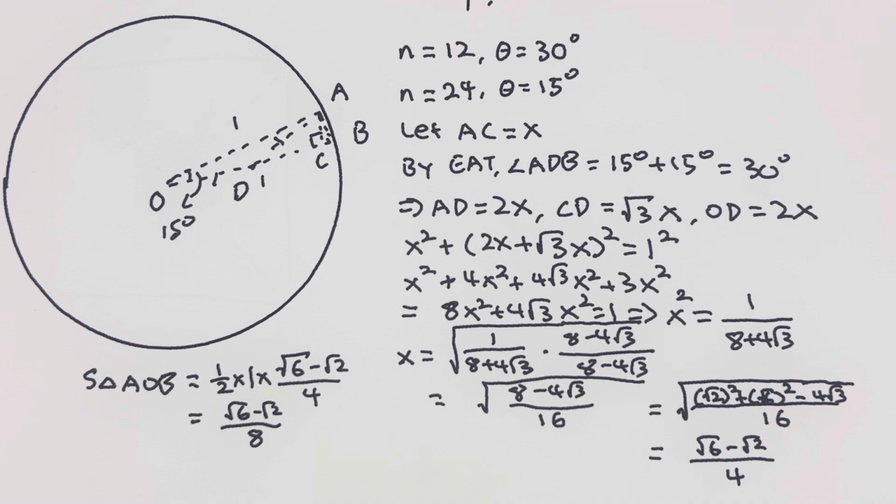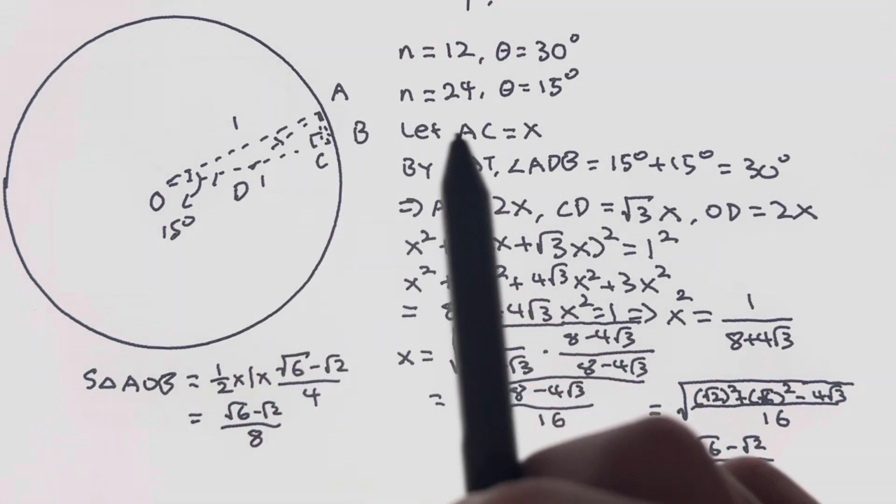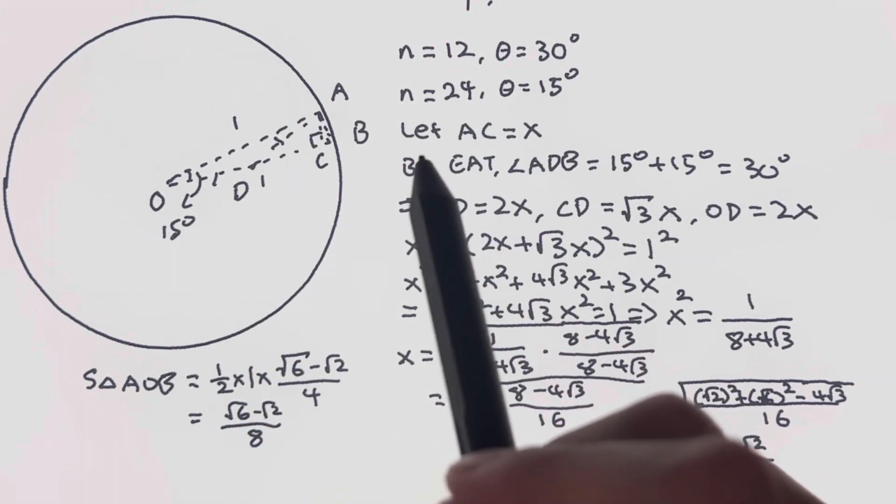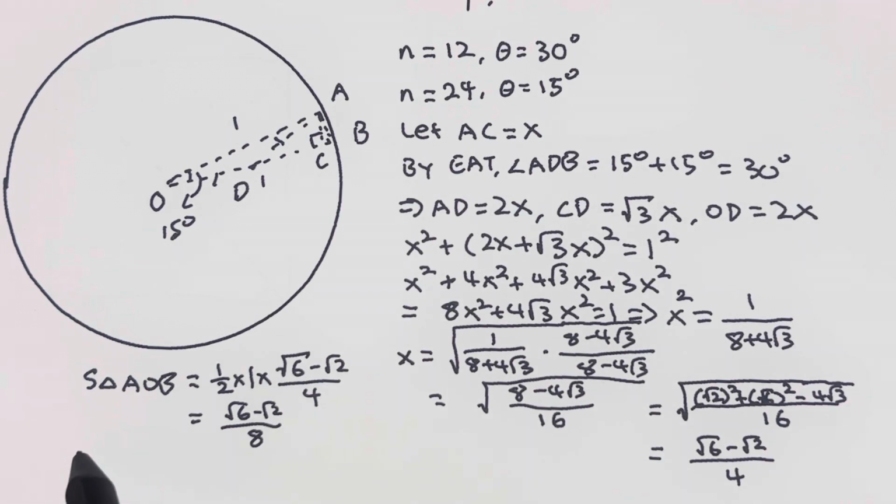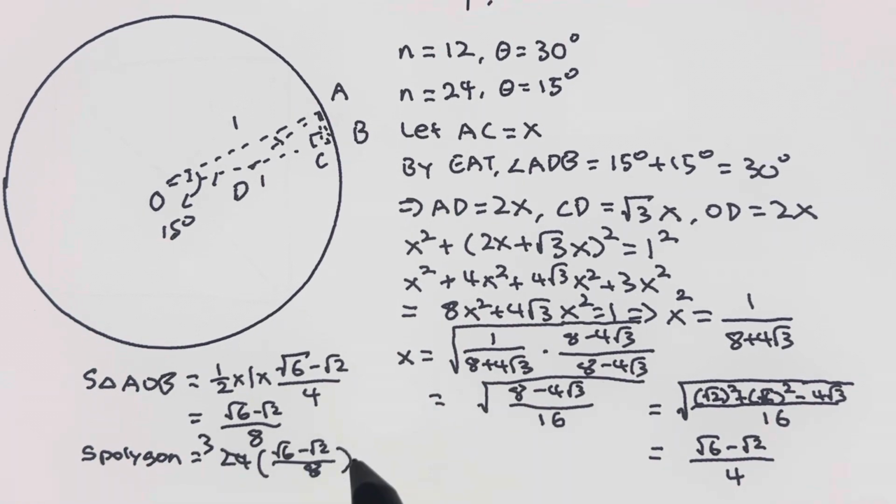We know that there are going to be 24 of these because n equals 24. So the area of the polygon, we can just call it, would equal 24 times (square root 6 minus square root 2) over 8, which will equal 3 times (root 6 minus root 2).